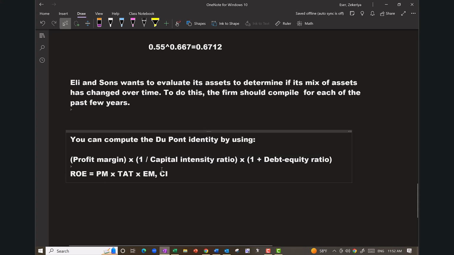CAR equals 1 over TAT, and EM is equal to 1 plus debt equity. You just write that for me, you'll go.